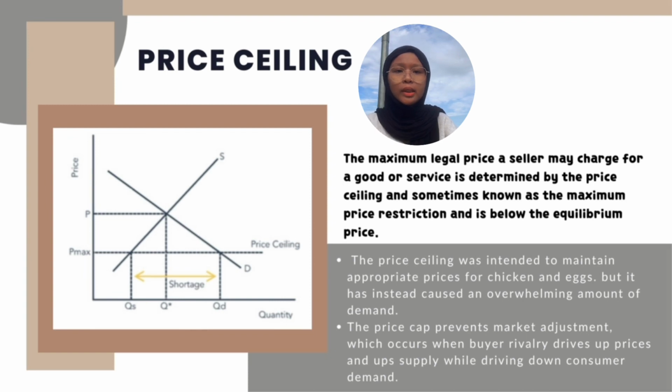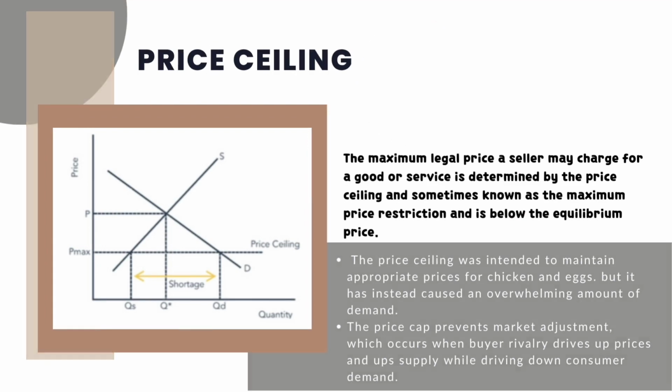The price ceiling was intended to maintain an appropriate price for chicken and eggs, but it has instead caused an overwhelming amount of demand. The price cap prevents market adjustment, which occurs when buyers regularly drive up price and supply while driving down consumer demand.